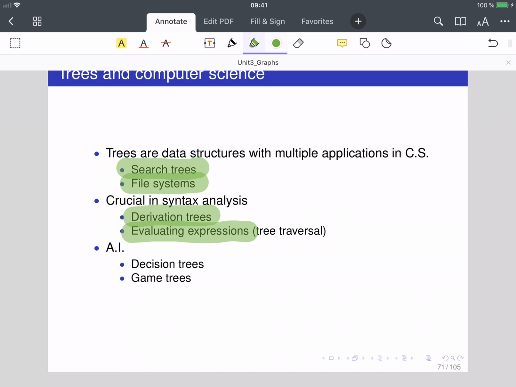And it's a structure that you need in order to make a file system in a hard drive, okay?